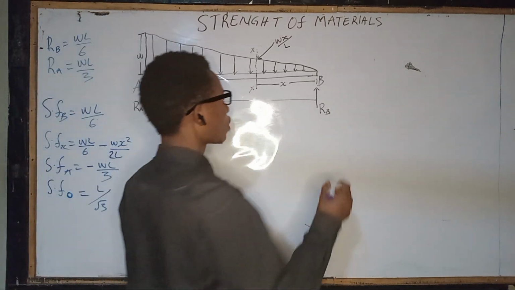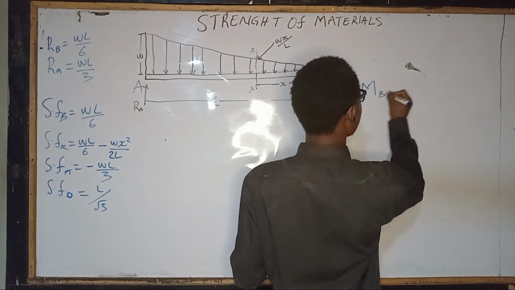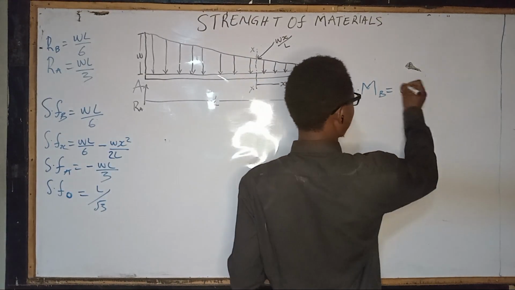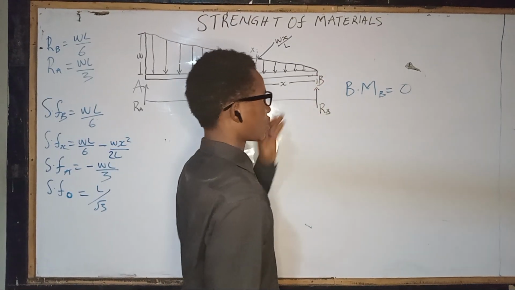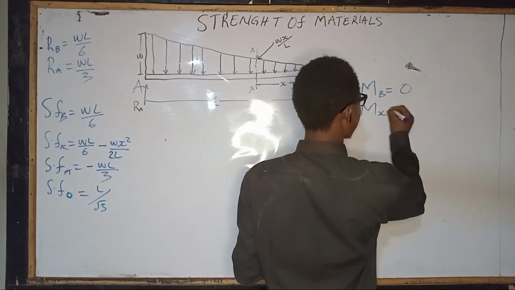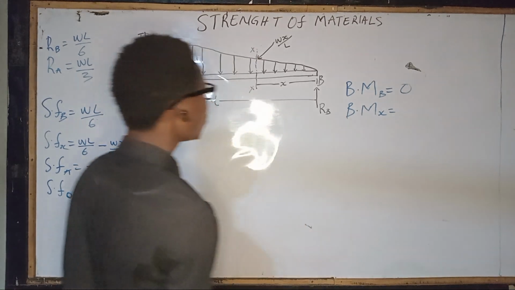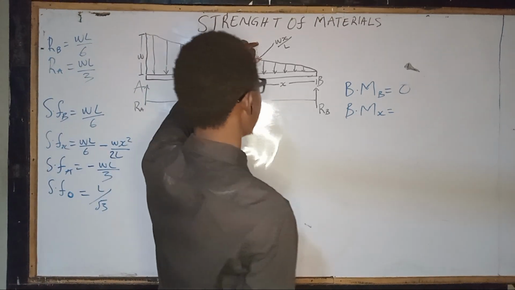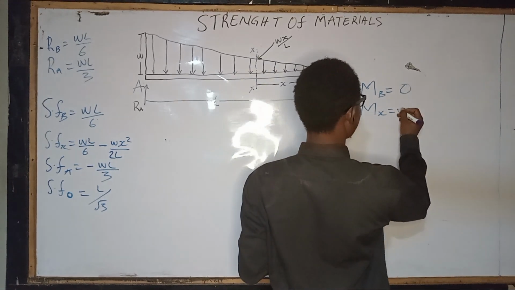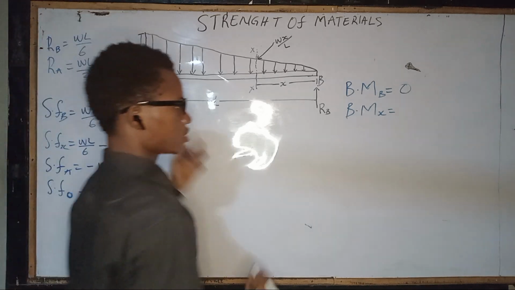So now, our bending moment calculation: the bending moment at B is equal to 0 because there is no moment at all. Then our bending moment at this point x, what will it be? It would be this RB, which is given as WL over 6, times the distance.